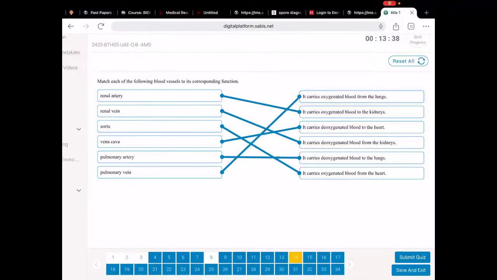Which one vein is oxygenated? Why is it wrong?